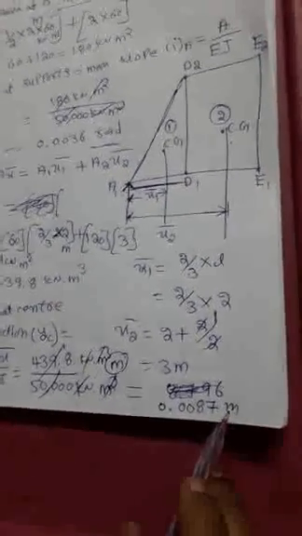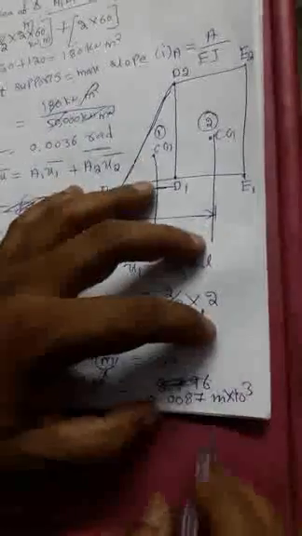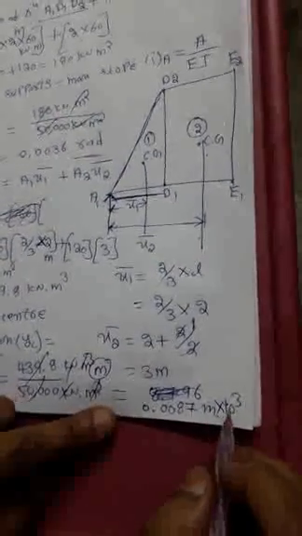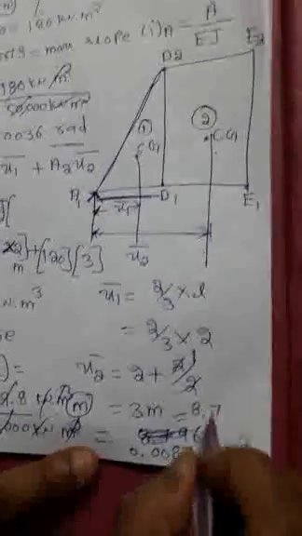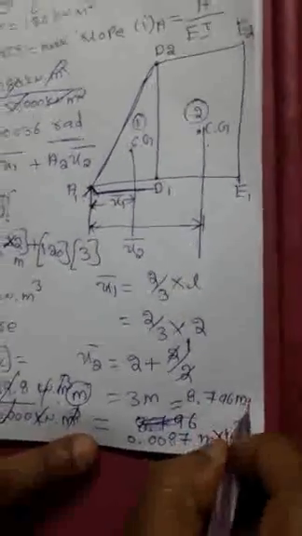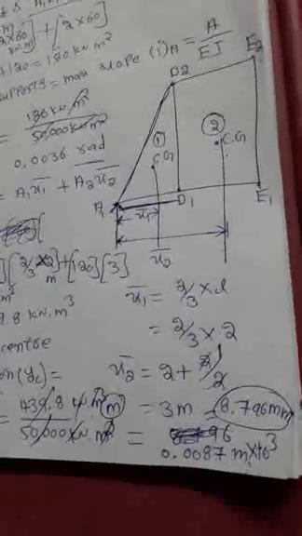You can change these values from meter to mm by multiplying by 10 to the power of 3, so the answer is 8.796 mm. The answer is in mm.